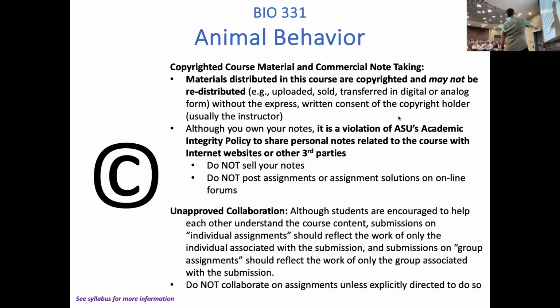Unapproved collaboration. Almost all of the assignments are individual assignments. That means that when you take your comprehension exercise, when you do the midterm, those sorts of things, it's supposed to reflect your individual understanding. It's totally okay to study and say, oh, I didn't quite understand the difference between a signal and a cue, and to talk about that in a study group.